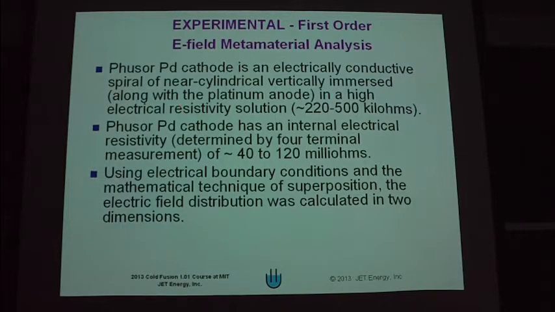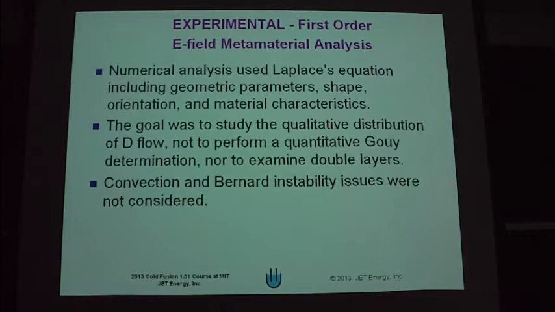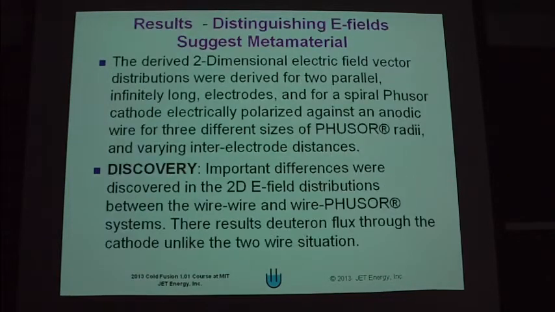In fact, we looked at our fusor, and we did an analysis based on the fact that the solutions were ranging between 220 and 500 kiloohms. The resistance in the cathode was this. We did a little analysis using Laplace. You can read all of this; we don't have a lot of time.